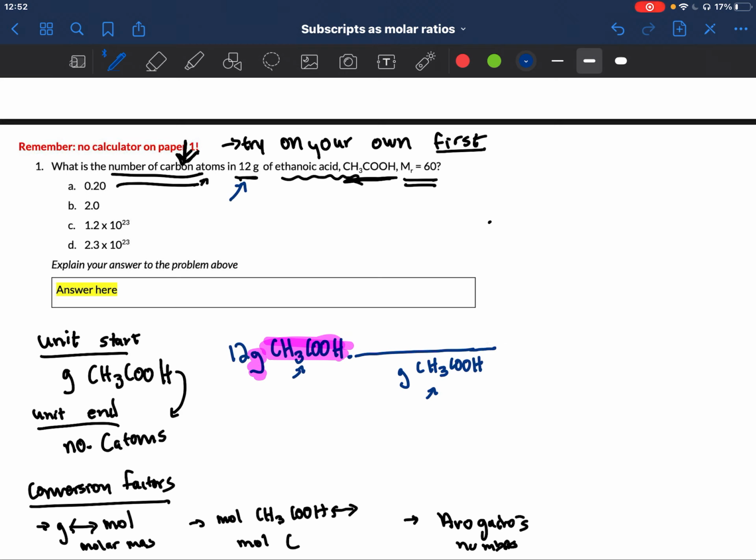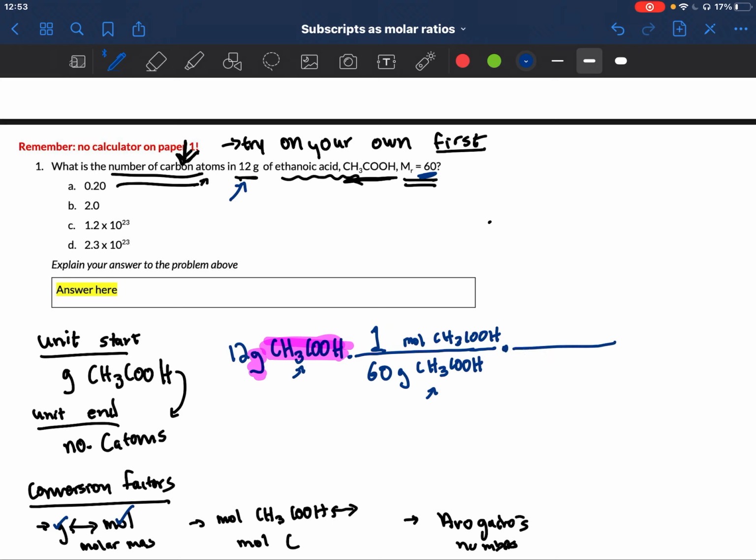Well, grams of ethanoic acid, I see my first conversion factor. I need to relate that to moles of ethanoic acid. So let's fill in these numbers. They give me the molar mass, 60 grams of ethanoic acid. They actually give me the relative molecular weight, which I know is also the molar mass with units, to 1 mole.